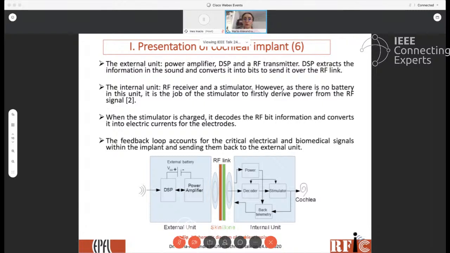It is really worth pointing out that we have a back telemetry feedback loop, which really accounts for sending the processed signal back into the external unit. And this really accounts for the critical electrical and biomedical signals within the implant. And it's really tasked with sending it back to the external unit.